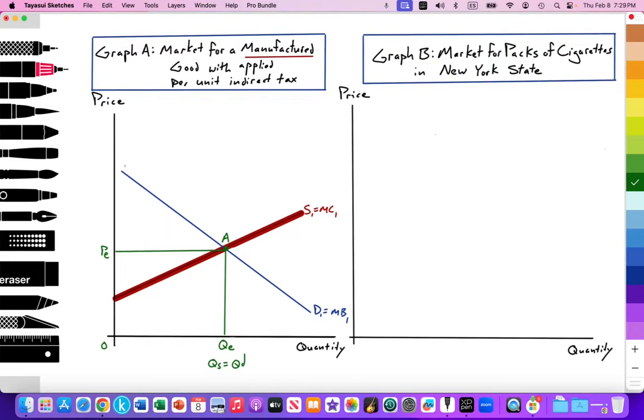That's the quantity supplied. Consumers are demanding from 0 up to QE, and so they are equal to each other at point A. Fine. So I'm going to provide a number here. Let's say that the cost per unit, the marginal cost per unit at a quantity of QE, let's say per pack of cigarettes, is $8.